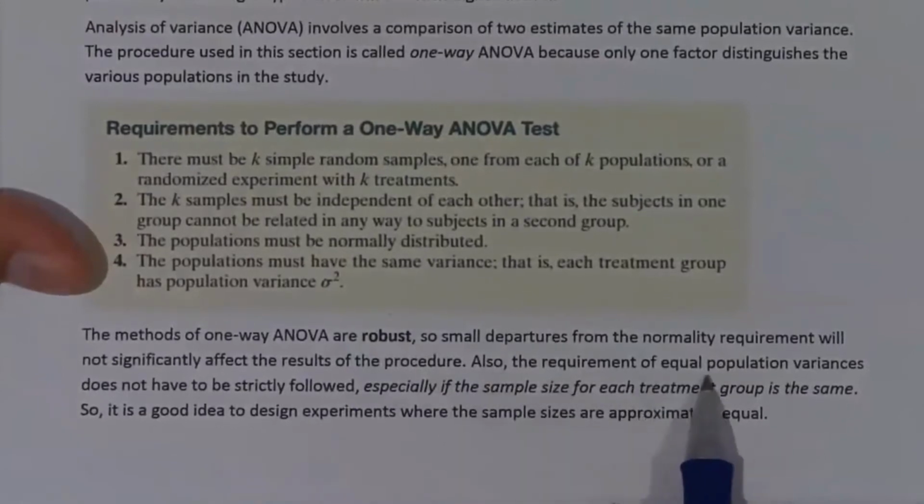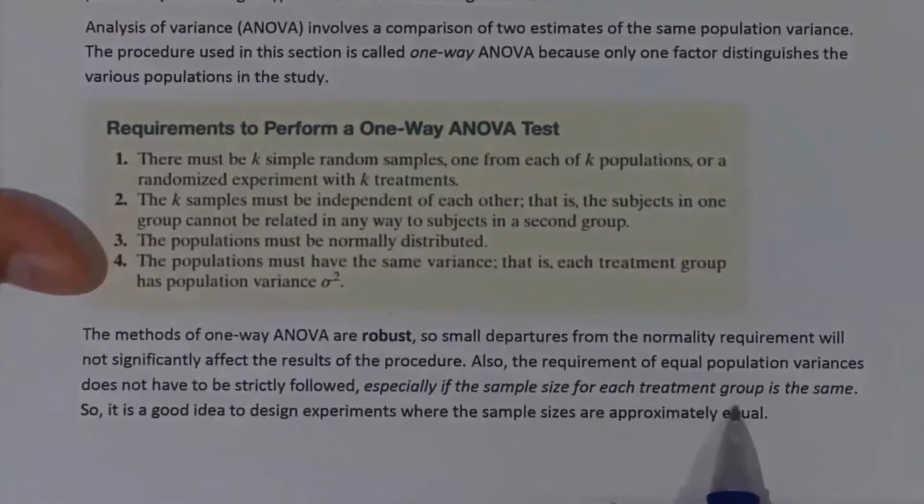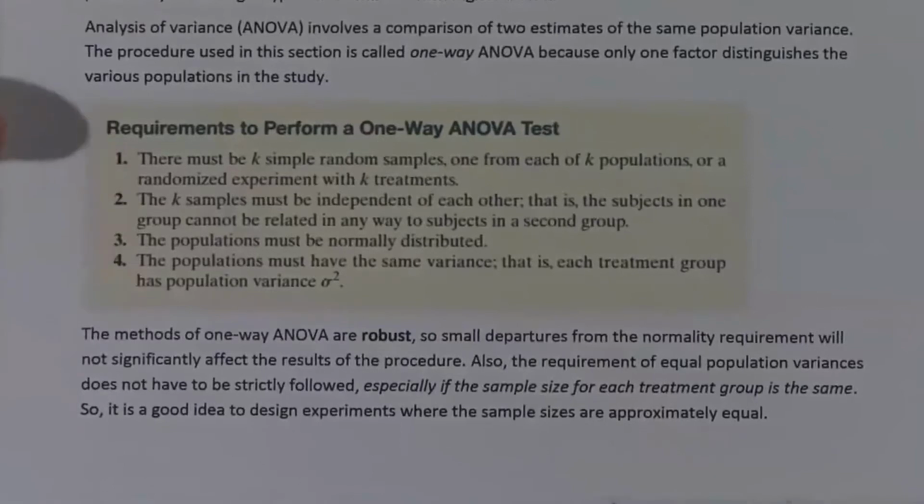Also, the requirement of equal population variances does not have to be strictly followed, especially if the sample size for each treatment group is the same. So it is a good idea to design experiments where the sample sizes are approximately equal. So as a general rule, we want to have the 3 or 4 or 5 different samples.